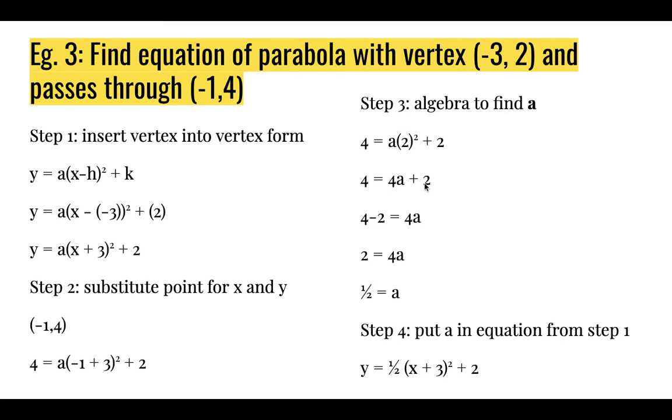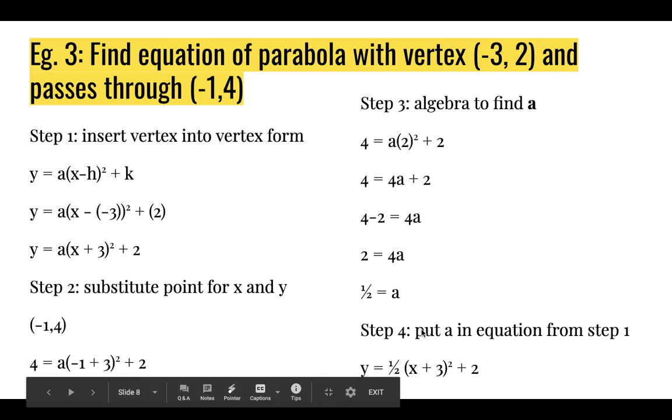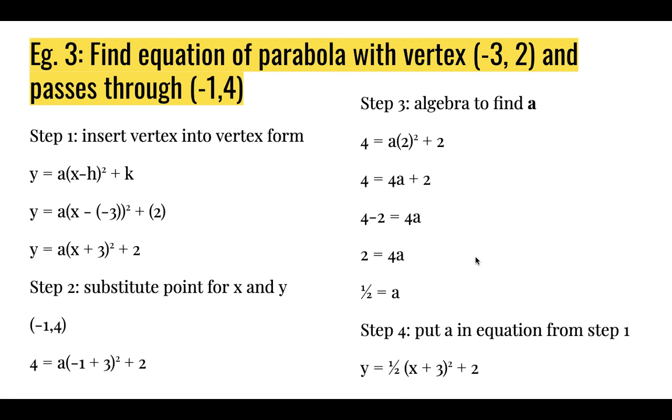Need to get rid of that 2, subtract 2 both sides to get 2 equals 4a, and then we're going to divide by 4 on both sides to get 1/2 equals a. So our last step again is to put that 1/2 value as our a into the equation that we got in step 1. And there is our final equation.